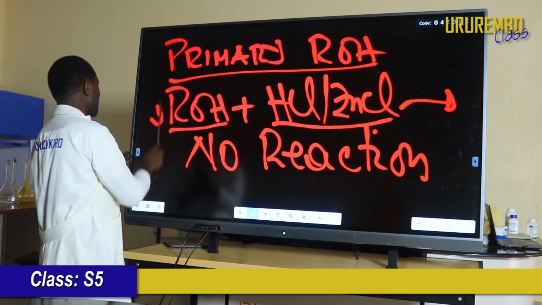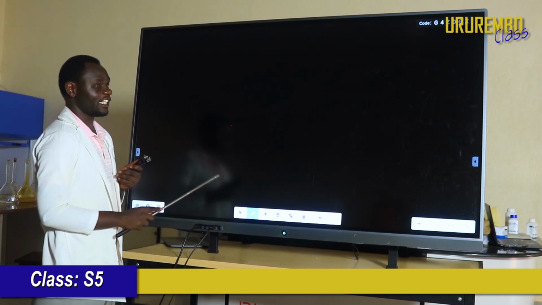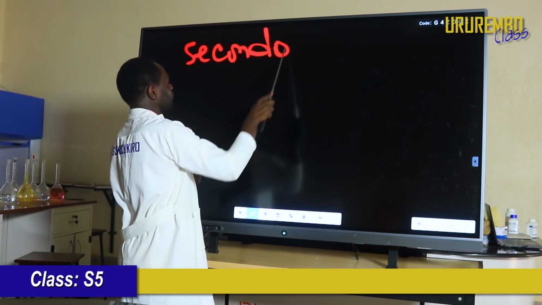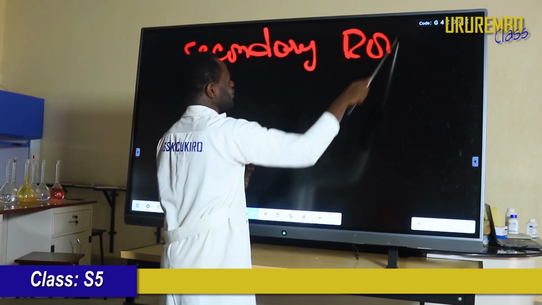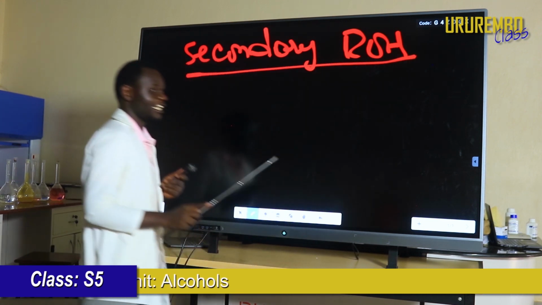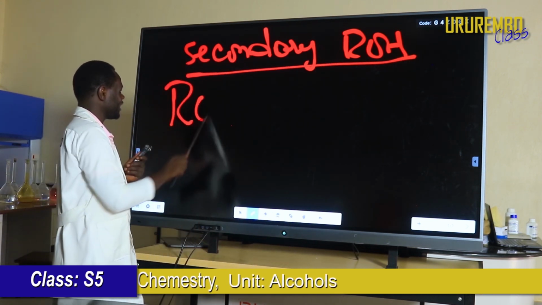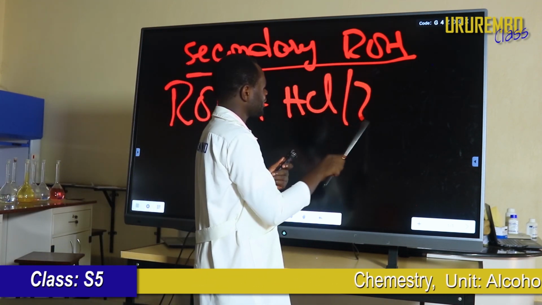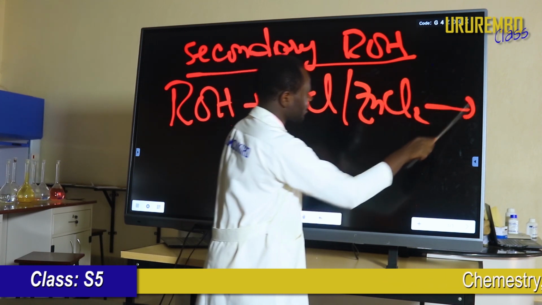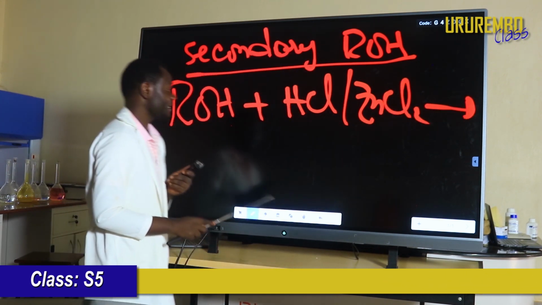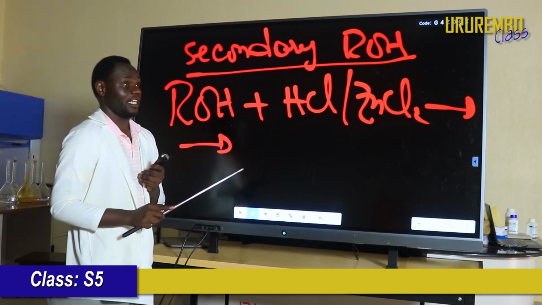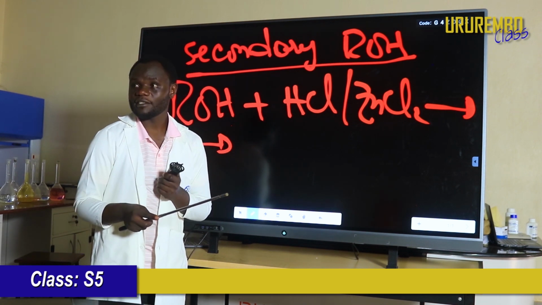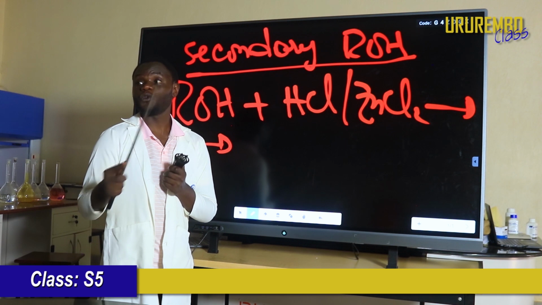But when you test secondary alcohol, the same reagent, hydrogen chloride in the presence of zinc chloride, is used. This one is a Lucas test. The observation is this one. You obtain a cloudiness, fumes.